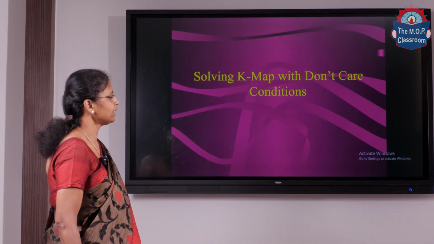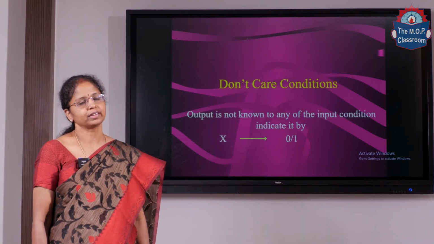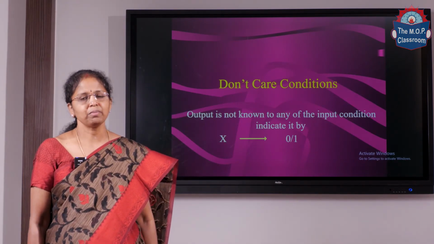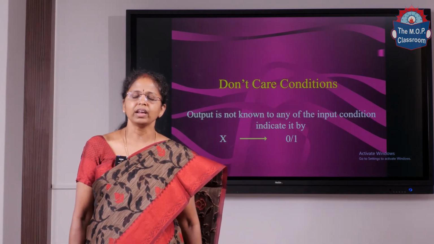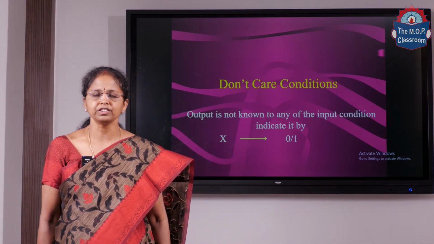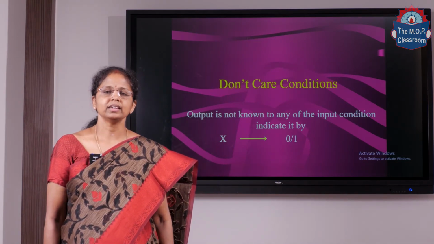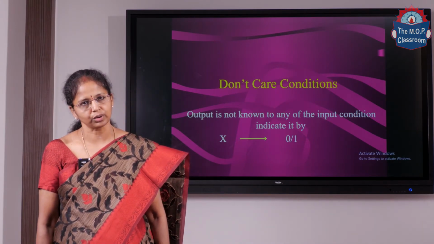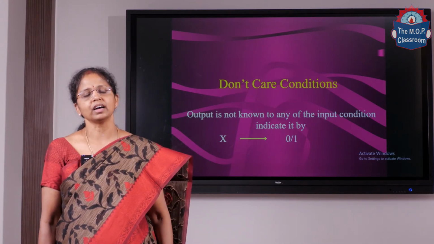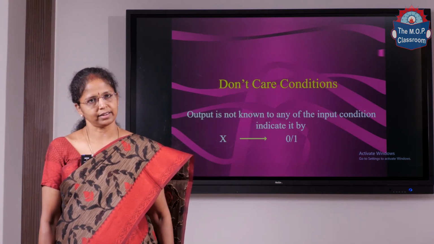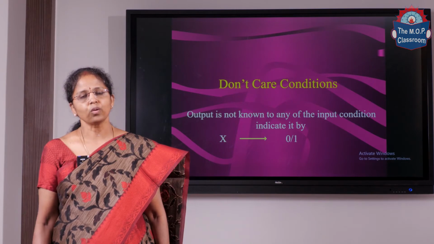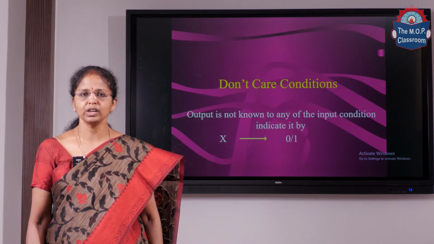Next, another important aspect of the K-map is using don't care conditions. There might be logic circuits where not all the input conditions are required. Certain input conditions are not necessary for designing a logic circuit. Those input conditions are called don't care conditions, because for those input conditions we do not mind whatever their output may be, whether it is 0 or 1.